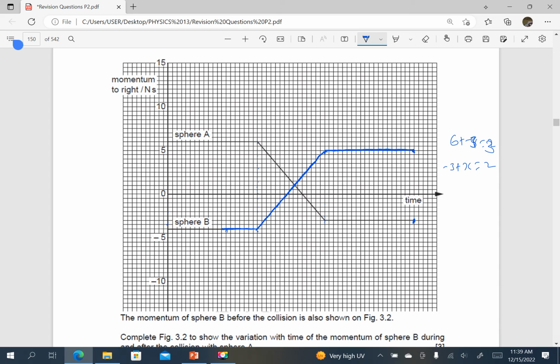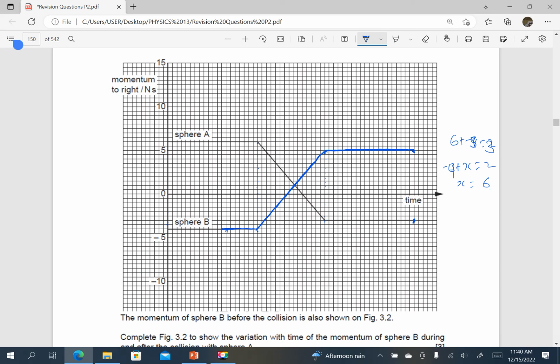So this is 4, -4 plus x should give us 2. So x is going to be equal to 6. So that means I will add 1, 2, 3, 4, 5, 6, 7, 8, 9, 10.